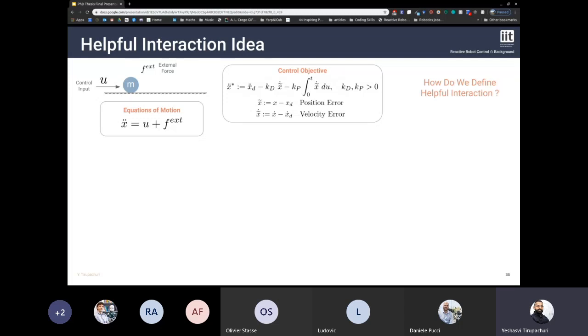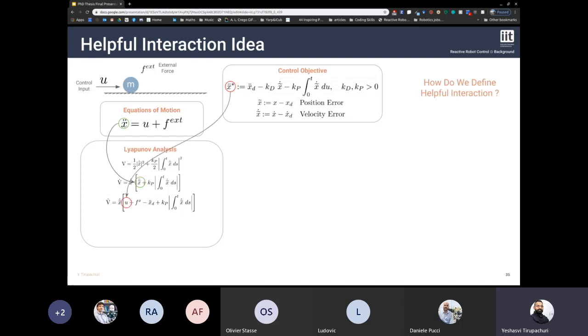This problem can be investigated through the stability analysis from Lyapunov theory. Let's consider a simple Lyapunov function, which on taking the time derivative, we get a relation in which we can use the acceleration from the equations of motion and then simplify it to expressions involving control inputs and the external force. Given the task of trajectory tracking, we can use this desired dynamics control input and simplify this equation further.